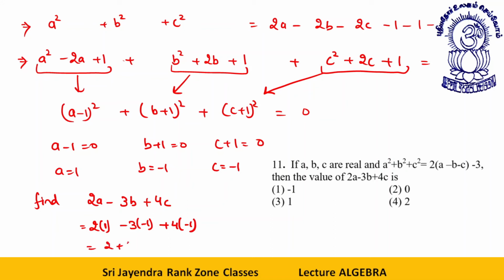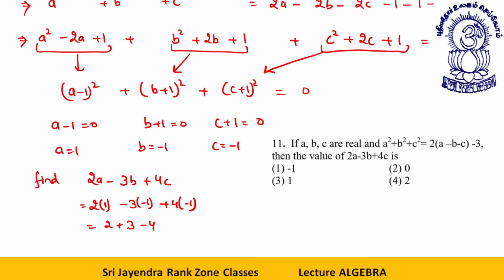That is 2 plus 3 minus 4, or 5 minus 4, that is equal to 1.